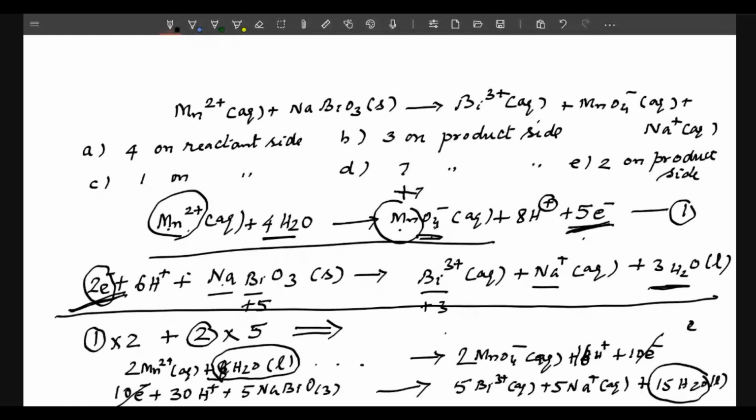This is the methodology by which you can easily find out. This reaction is carried out in acidic medium, therefore H plus ion would definitely be present either as a reactant or as a product. This is the methodology for this type of question. We normally call it a basic type of question.